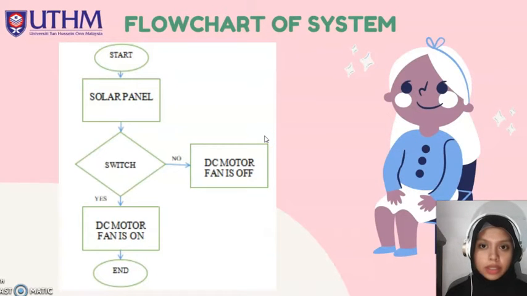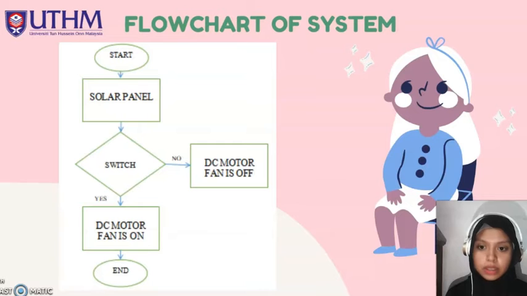The second part is the flow chart of the system. I will be explaining about the flow chart of the system. Here is the start, when the sunlight appears, at sunrise, and the solar panel will capture all the sunlight and generate it into electricity.